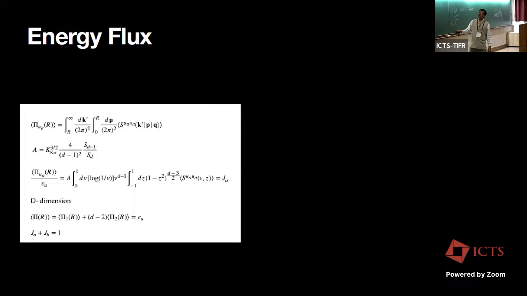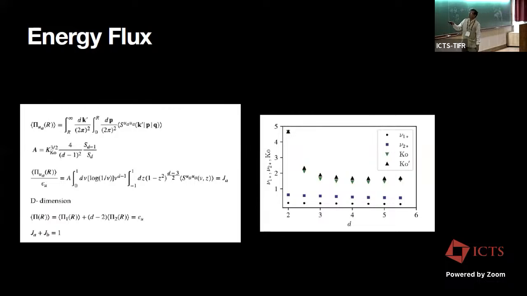Then I can get the value of A, and from that I can get the value of the Kolmogorov constant. So the Kolmogorov constant is here. Okay. So there are 2 ways to compute the Kolmogorov constant; I cannot discuss the subtle difference, but this constant for 3D is around 1.67. It turns out for all dimensions greater than 3, they are roughly equal. For d equal to 2, I get around 4.6.